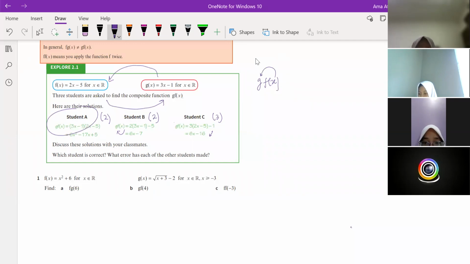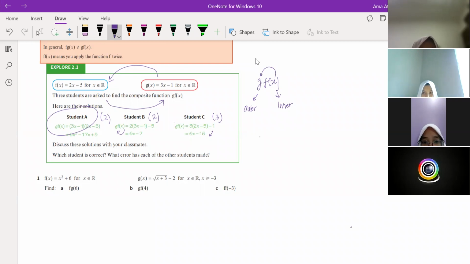Remember that. We are going to insert f into g. Later on we will see g is the outer function and f is the inner.